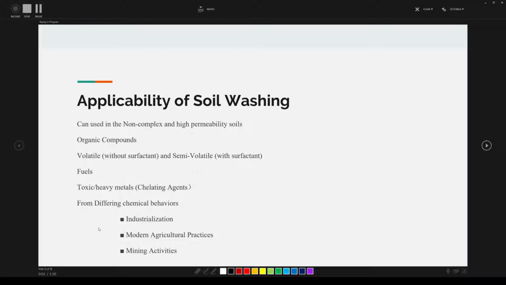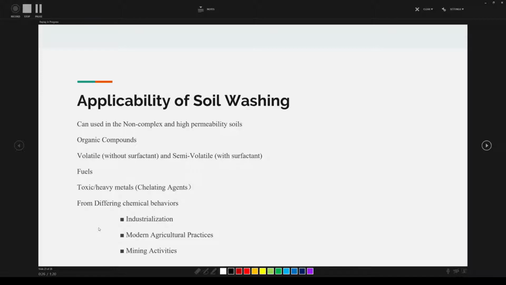Applicability of the soil washing. Commonly, it can be used in non-complex and high-permeability soil, to wash the soil for organic compounds, and volatile compounds can be removed from the solvent.